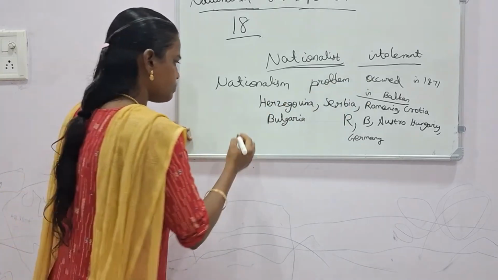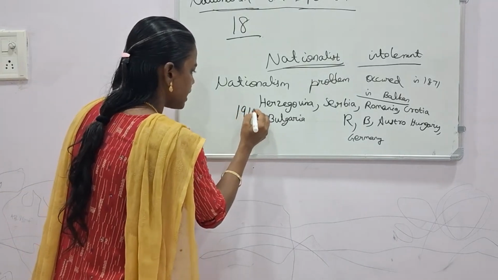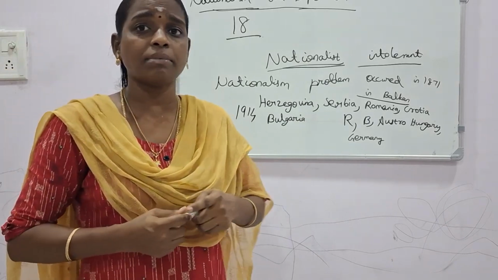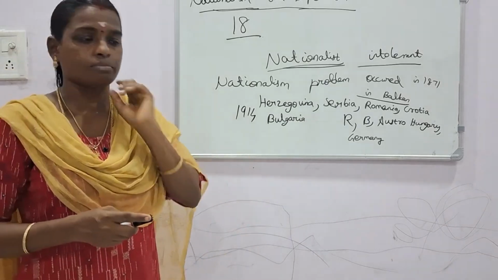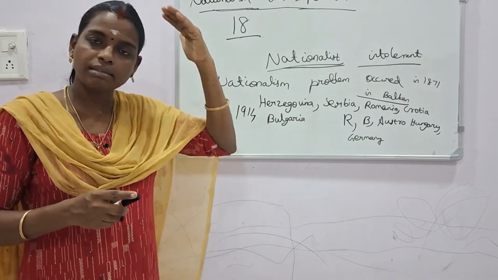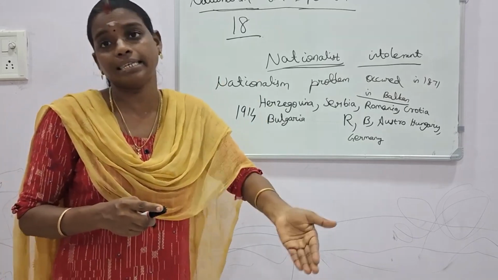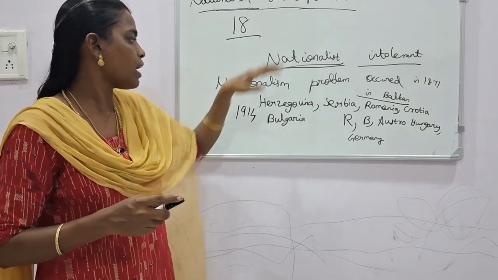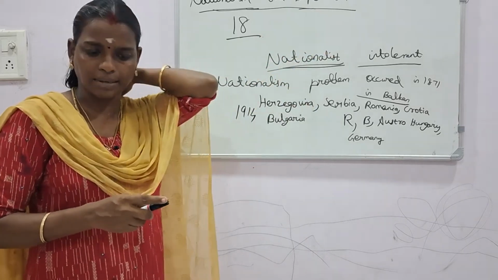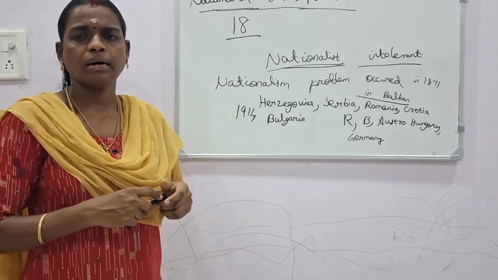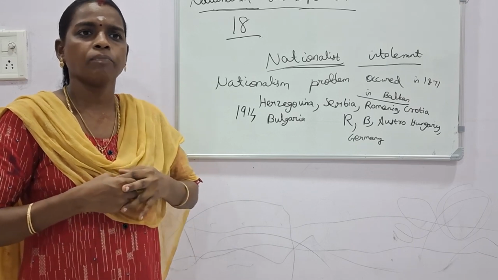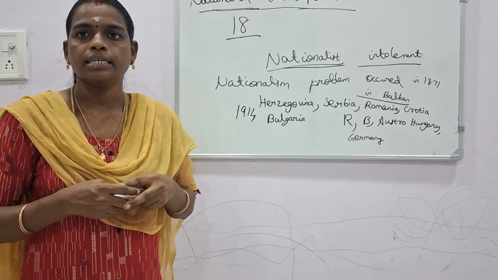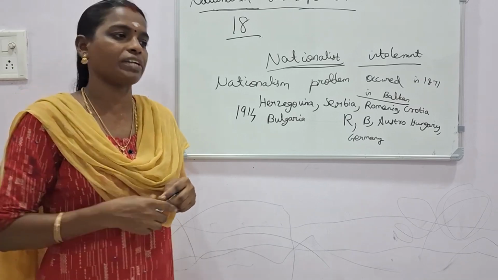And not only that, in 1914, nationalism was there along with imperialism. That nationalism existed along with the principle of imperialism, and when imperialistic ideas existed in those countries, the people of that country wanted to get freedom.